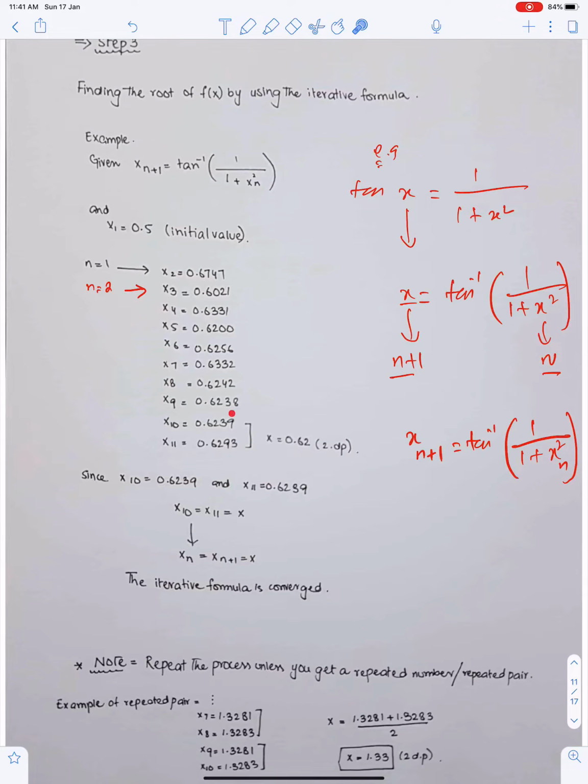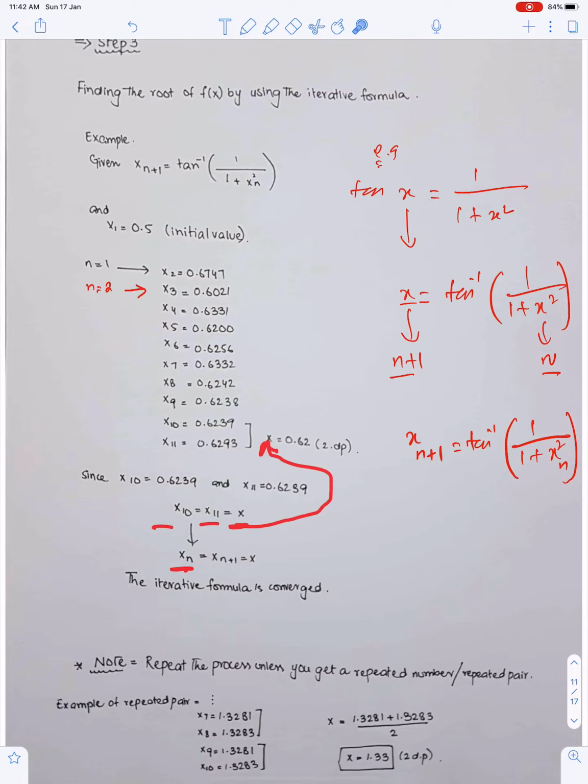And you have to give your answer up to the requirement. The requirement is 2 decimal places. So 2 decimal places is 0.62. See, x10 is this, x11 is this. If you find x12, it will be the same, 0.6239, and it will be the same up to infinity. So x10 is the same as x11. You can suppose this as x.